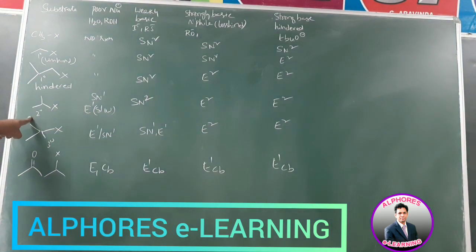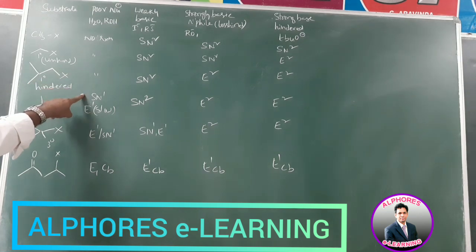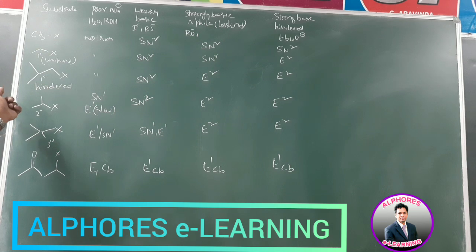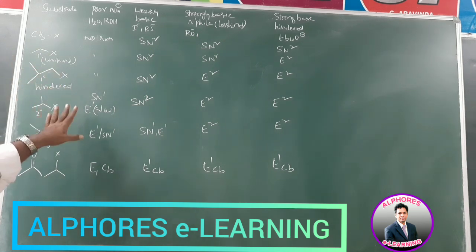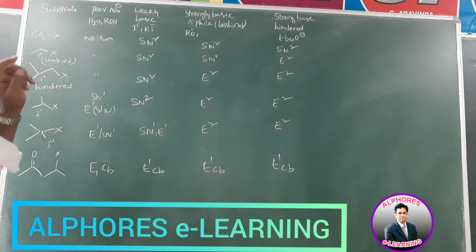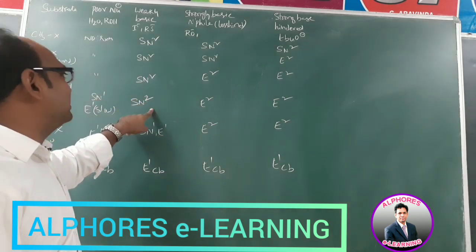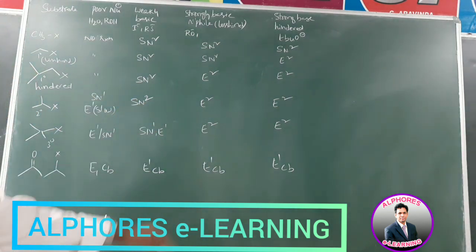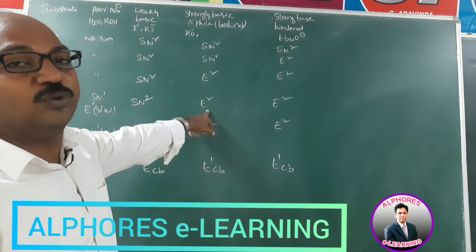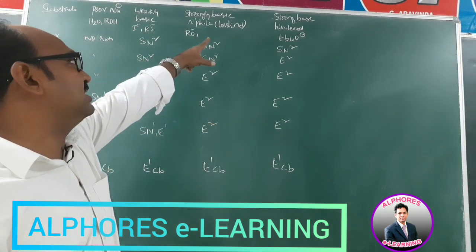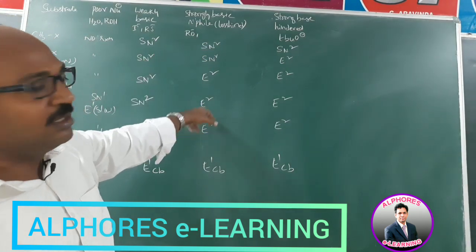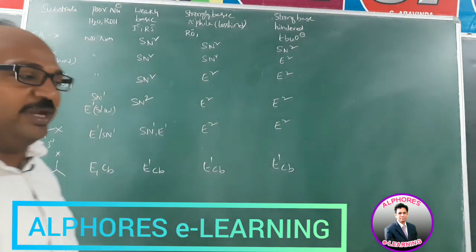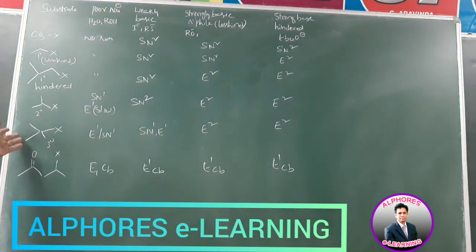And for secondary alkyl halide, with a poor nucleophile both SN1 and E1 happen via formation of a carbocation, but the E1 reaction is relatively slow compared to SN1. SN2 happens in a weakly basic medium, and with a strongly basic nucleophile, E2. If the strong base is less hindered, it prefers E2 elimination, and even if hindered, E2 elimination proceeds.